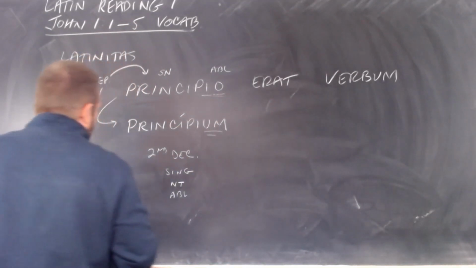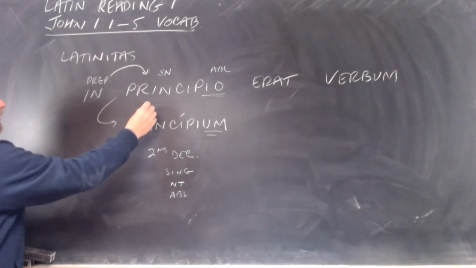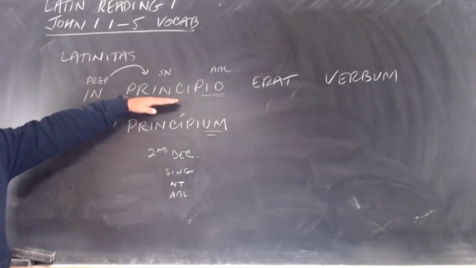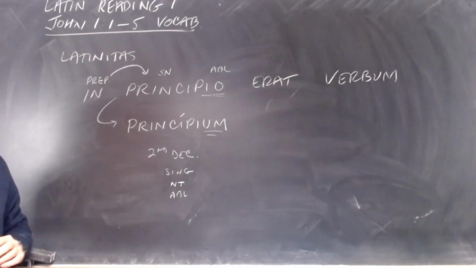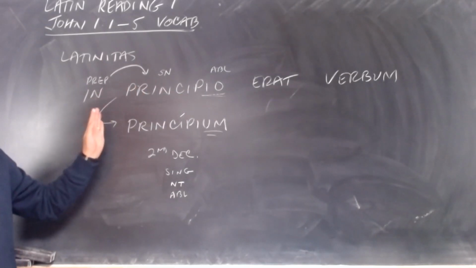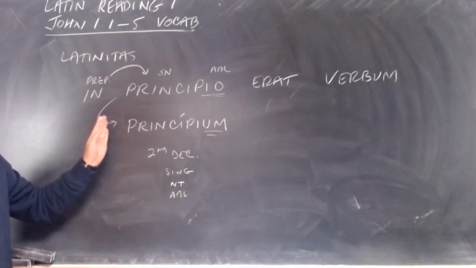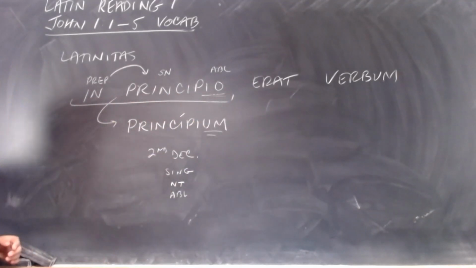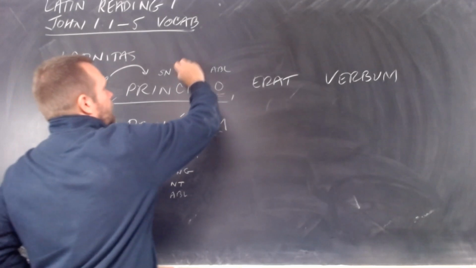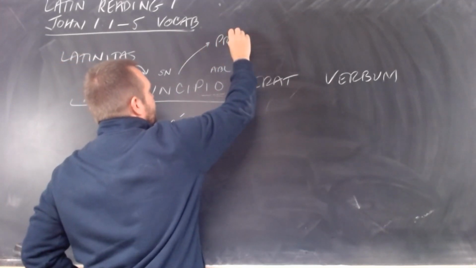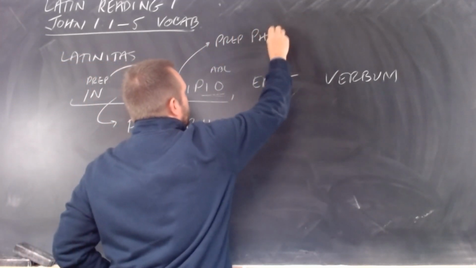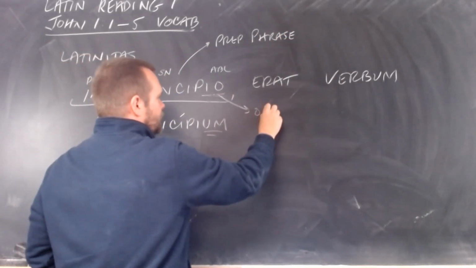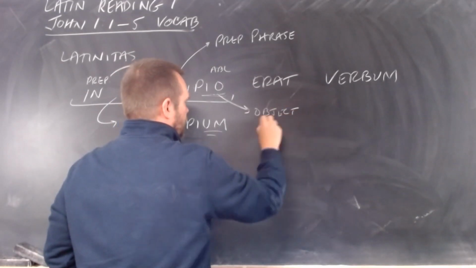Principio is the ablative form, and it's called the object of the preposition. When a noun follows a preposition, it's called the object of the preposition. And this whole thing together is called a prepositional phrase. This noun is called the object of the preposition.